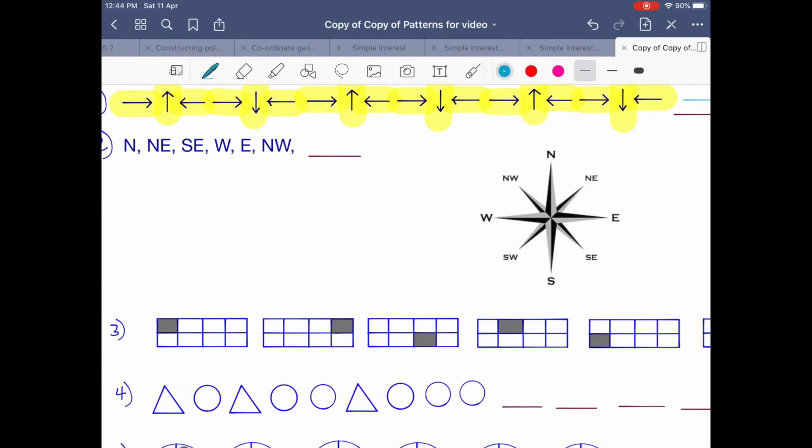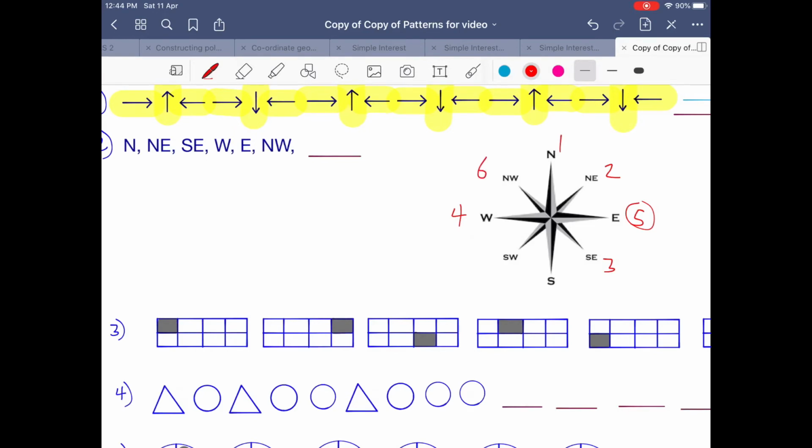So this is the first item, the 1, followed by northeast, which is the second one, southeast, which is the third, west, which is the fourth, east, which is the fifth, and northwest, which is the sixth.